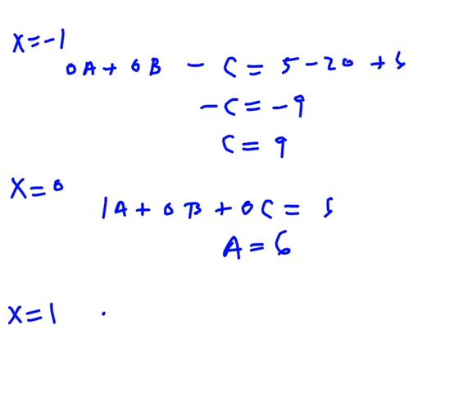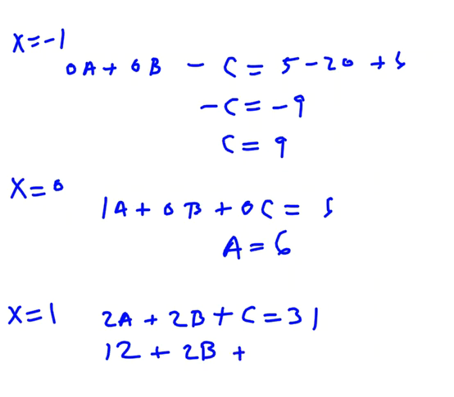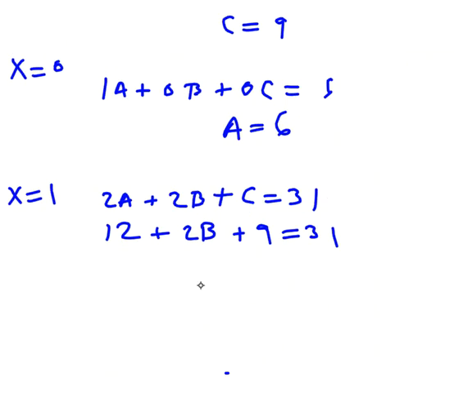When I plug in 1, I get 2a plus 2b plus c is equal to 31 on the other side. Well, I know a is 6, so 2a is going to be 12. I don't know b yet, and c is 9. I can use the two values I have already to help me find 2b equal to 10 and b equal to 5.